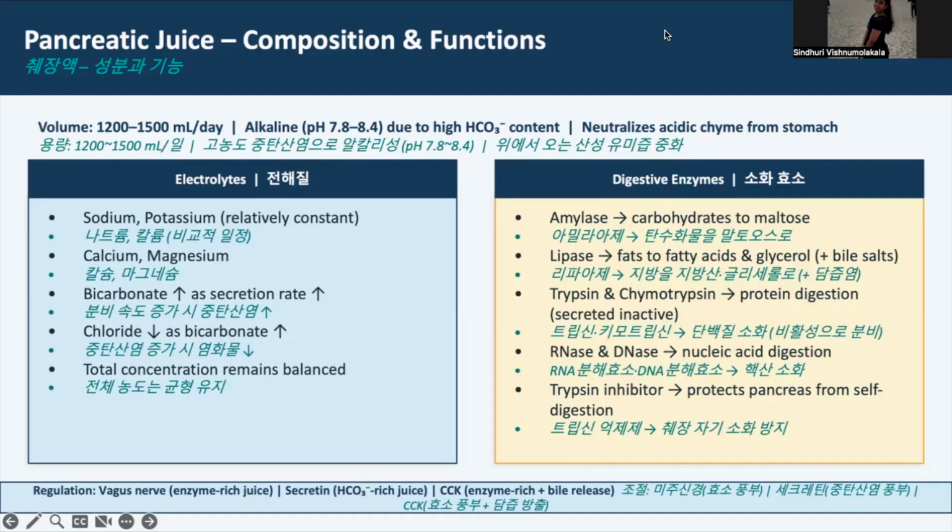And pancreatic proteolytic enzymes. These are powerful protein splitting enzymes in the pancreatic juice and are secreted as inactive proenzymes.